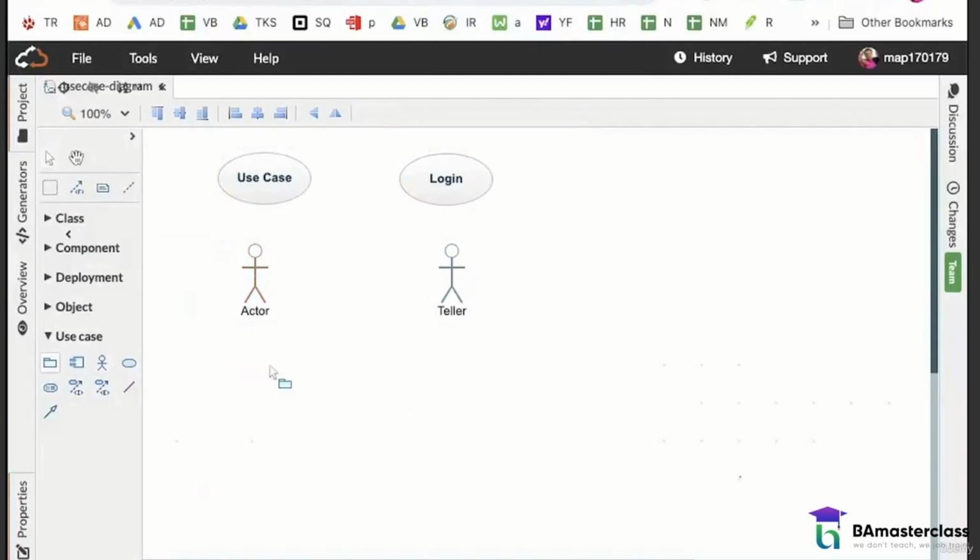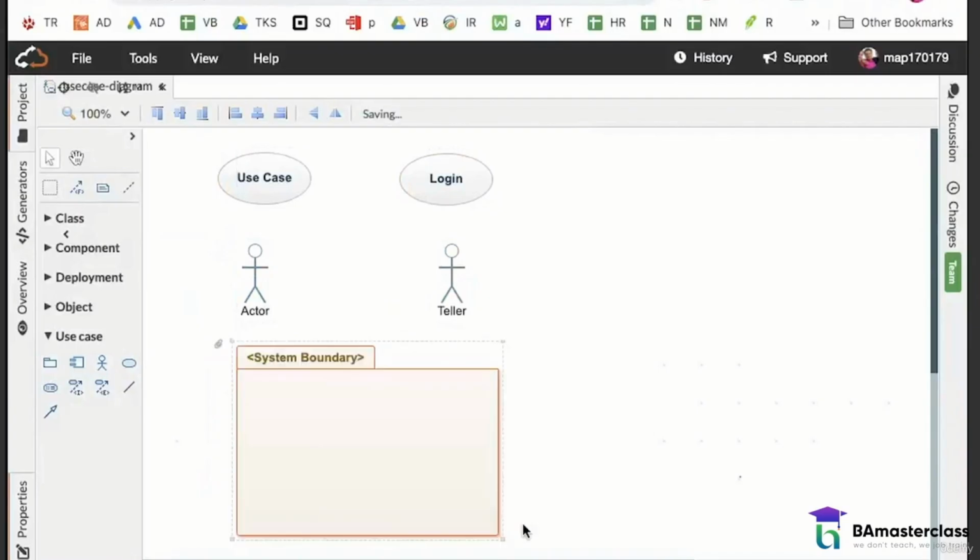The third element we use here is the system boundary, which is a rectangular boundary like this.